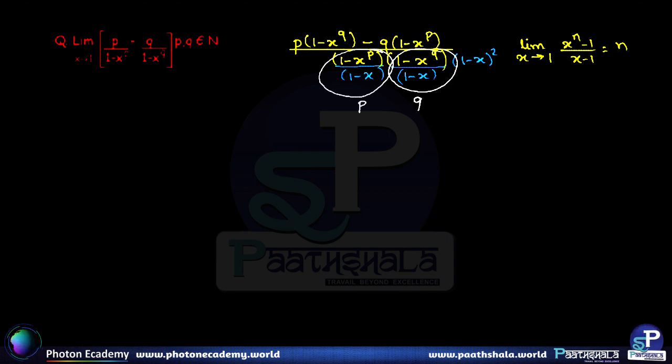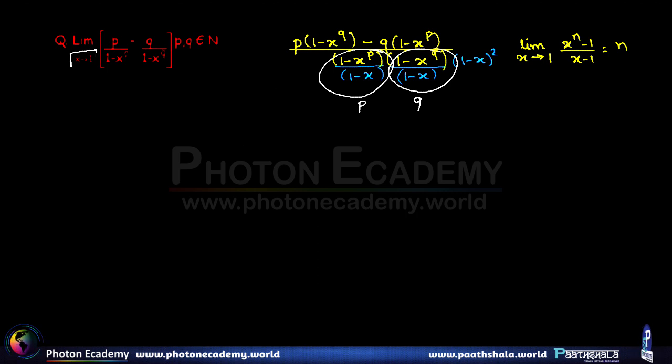Alright, now let's do one thing. It is x tending to 1, right? So to make the limit tend to 0, let us write x is equal to 1 plus h. Now we have limit tending to 0.